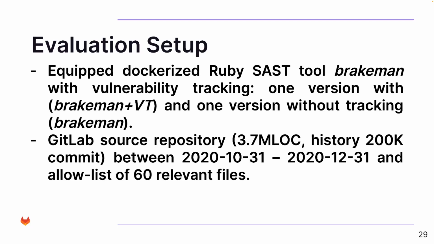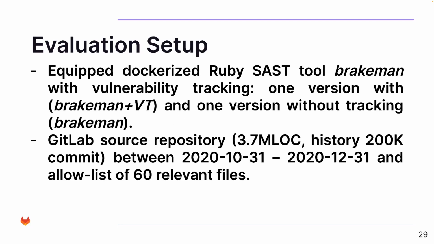So Brakeman was already there, and then we created a new version of Brakeman that incorporated our new vulnerability tracking method, called Brakeman plus VT. To differentiate them, we have Brakeman and Brakeman plus VT, which is the version with the new vulnerability tracking concept and method we implemented at GitLab.